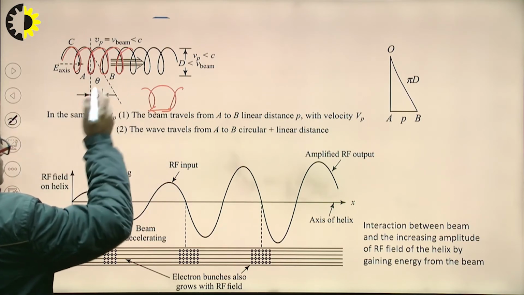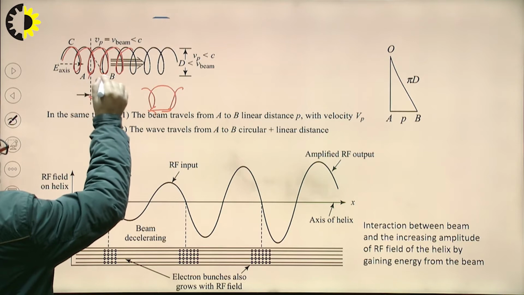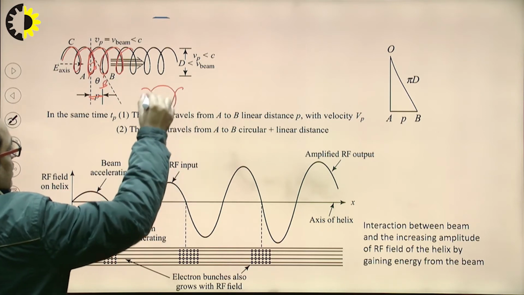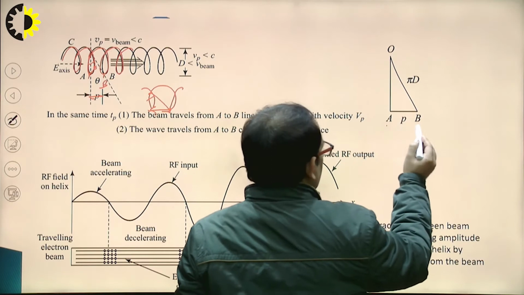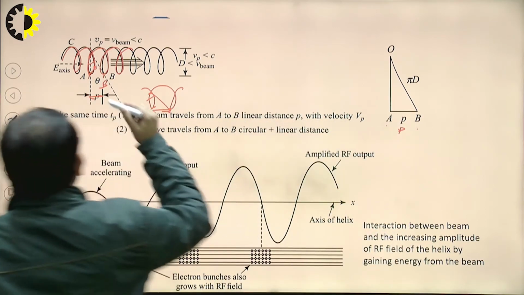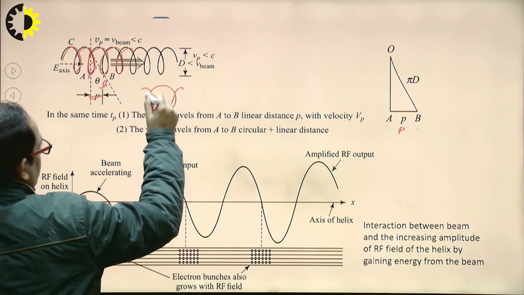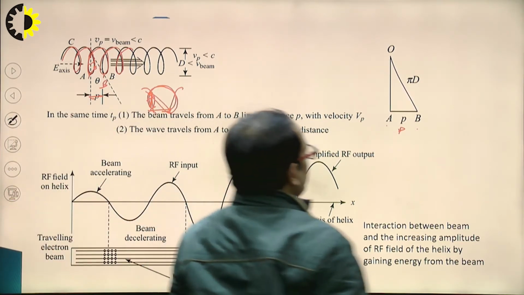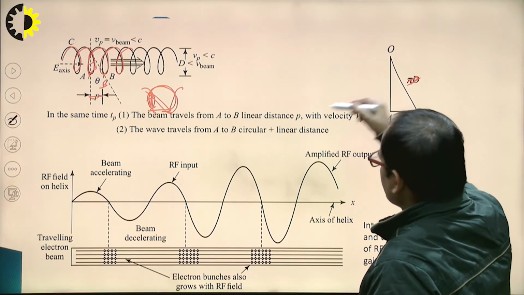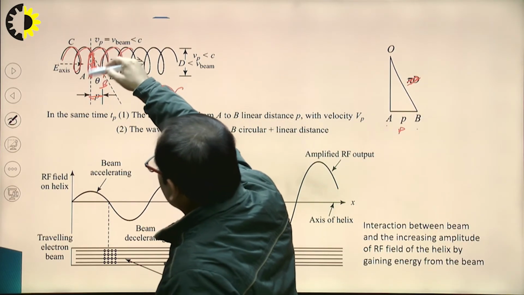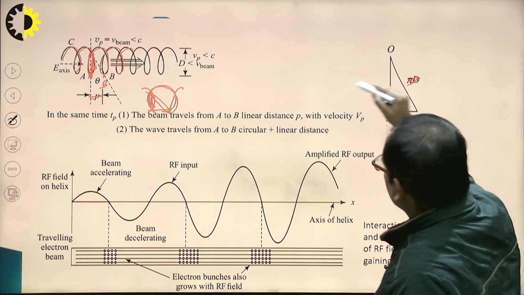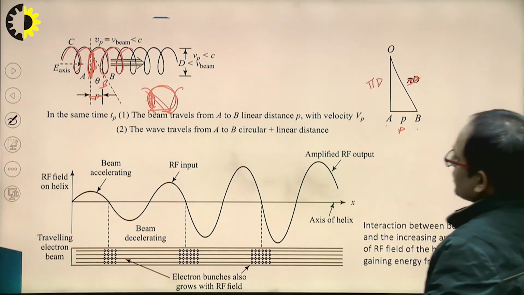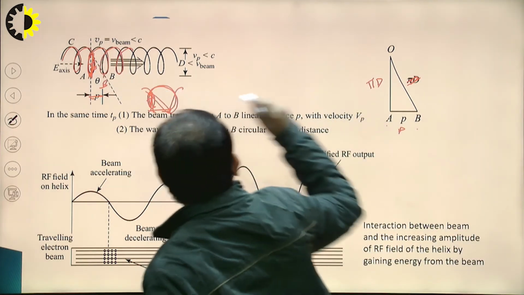If this point is A, this is B, and it makes some angle theta during the turn, then A and B are separated by P. This will be pi into d, where AO is the diameter of this circle, so the circumference is pi into d.